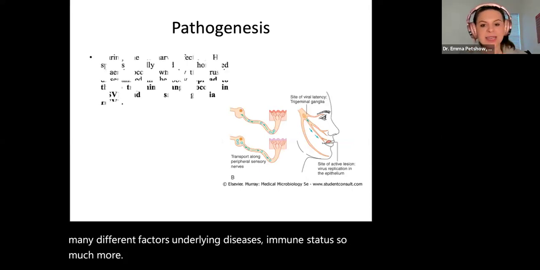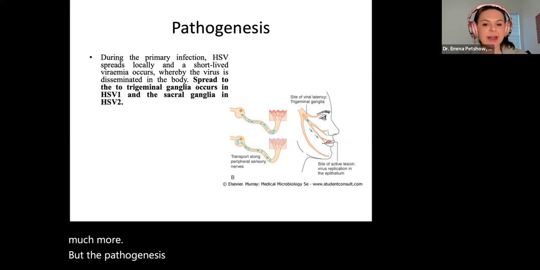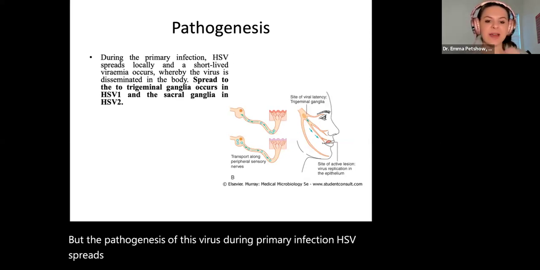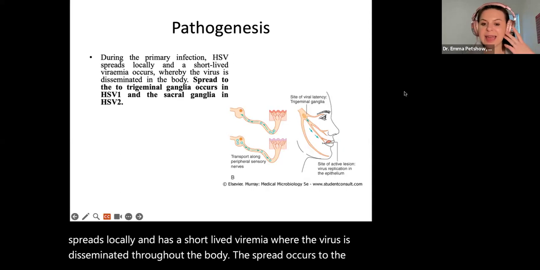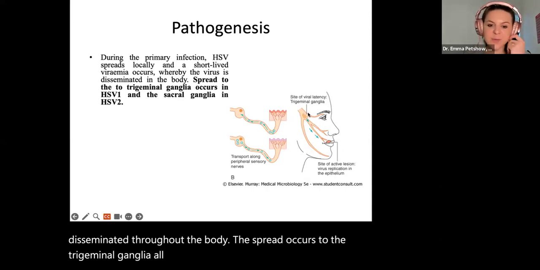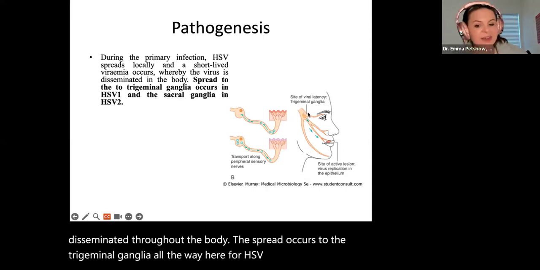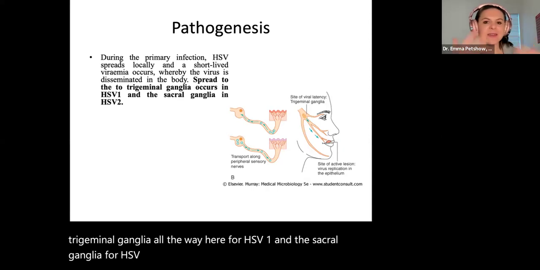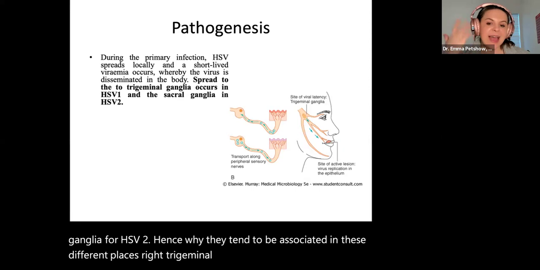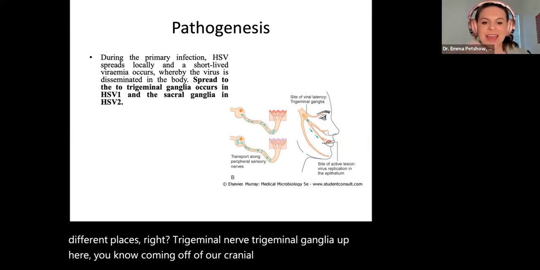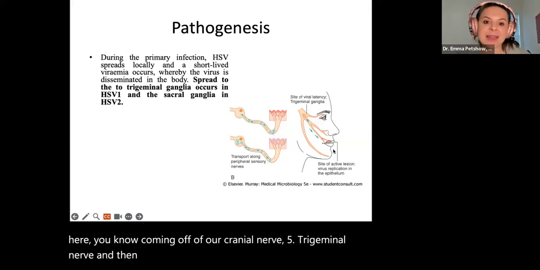But the pathogenesis of this virus during primary infection: HSV spreads locally and has a short-lived viremia where the virus is disseminated throughout the body. The spread occurs to the trigeminal ganglia for HSV1, and the sacral ganglia for HSV2. Hence why they tend to be associated in these different places, right? Trigeminal ganglia up here, coming off of cranial nerve 5, the trigeminal nerve, and then sacral ganglia coming off the sacrum.